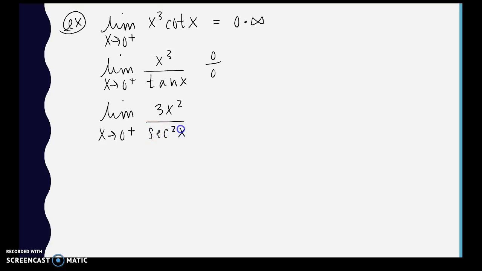Derivative of tangent is secant squared. So now when I make a direct substitution of 0, I would get 0 divided by cosine of 0, which is 1. So my limit is equal to 0. So even if it doesn't start in an indeterminate form of 0 over 0 or infinity over infinity, you can still get it in that form to apply L'Hopital's.